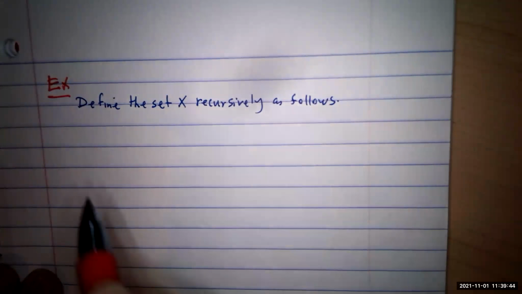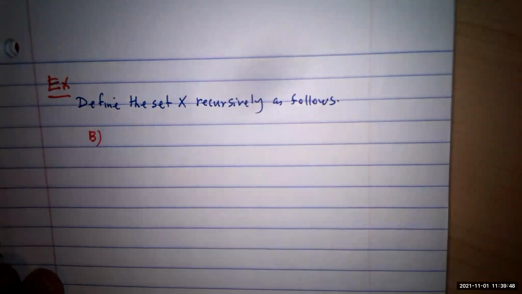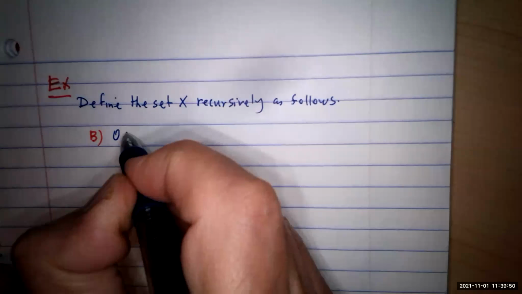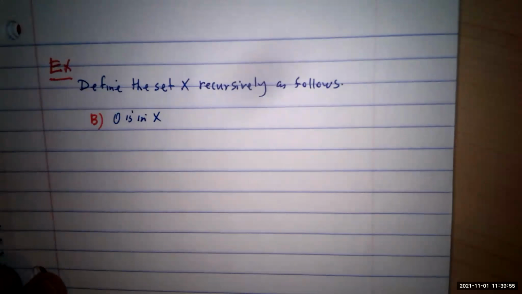What's the instruction? The basic part is that 0 is in X. So this set is not empty.